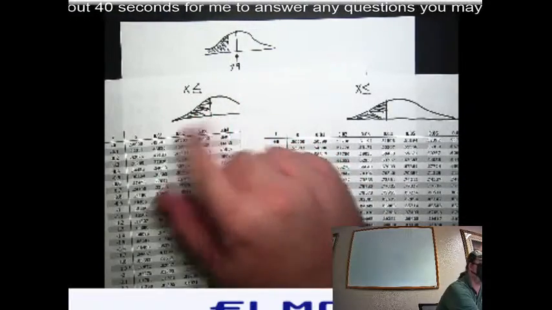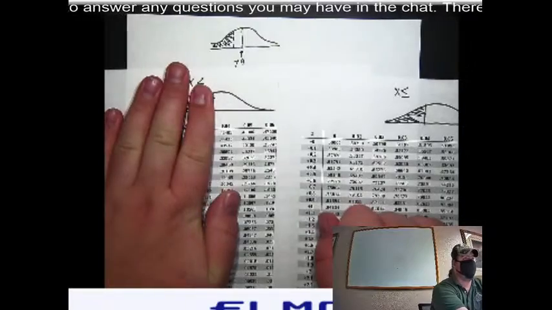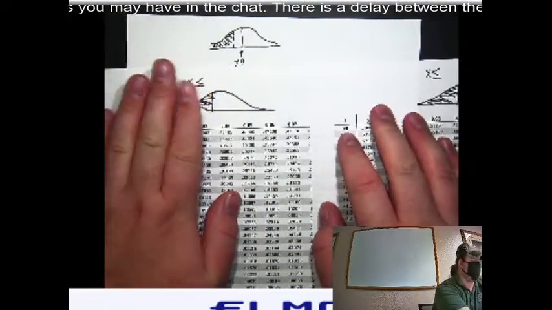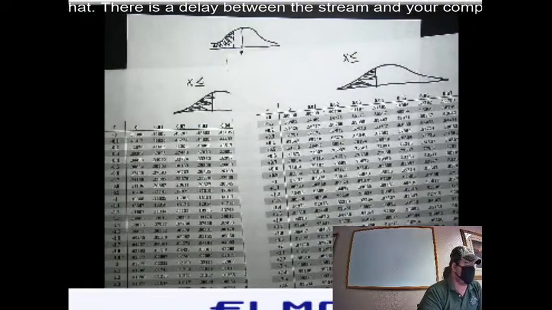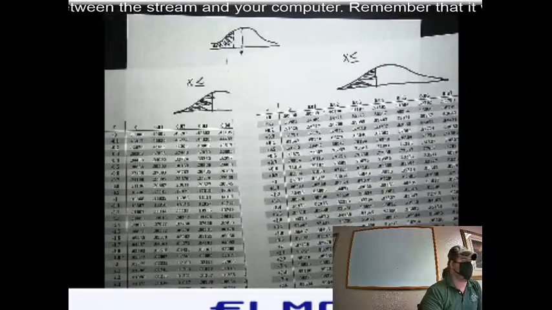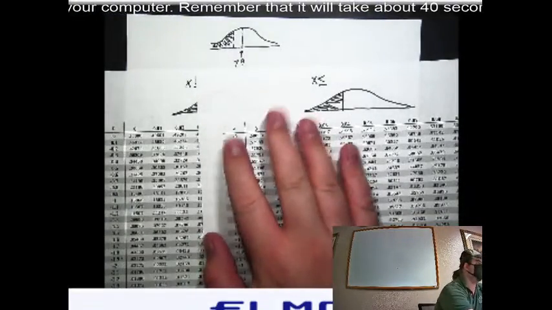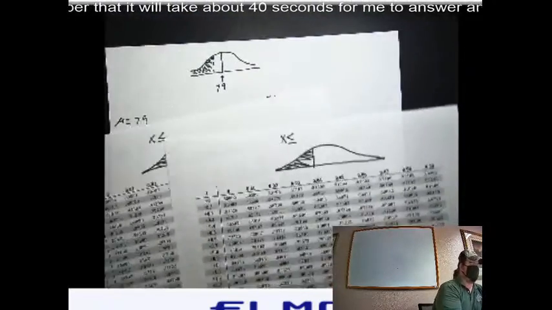What if we don't want to know less than that x value, but we want to know greater than that x value? So above, not below. Well, these z tables don't tell us that. They only tell us below. Now, I'll preface this by saying there are z tables that you can find out there that do calculate above, but they're not necessary. I would not bother at all with them, and here's why.